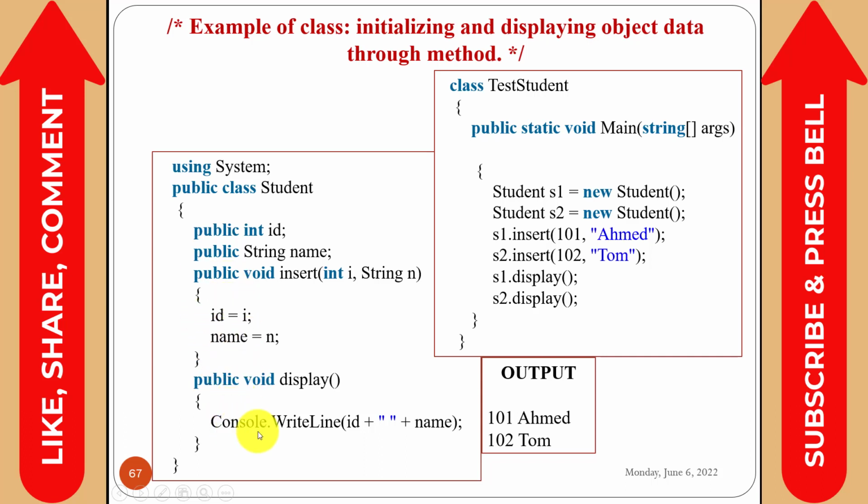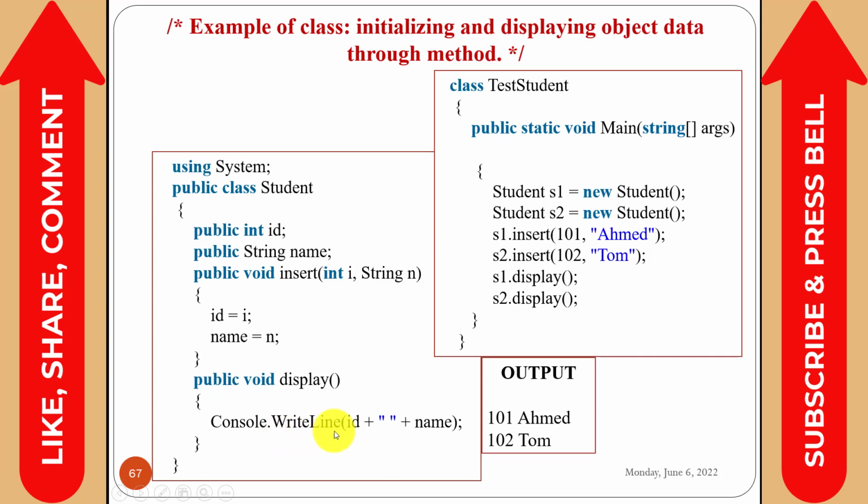We will understand now. Inside the display method definition we have a Console.WriteLine statement. WriteLine is a system defined method to display the output on the screen. All of you should remember that we always use capital C for the Console class, capital W for Write, and capital L for the Line method.